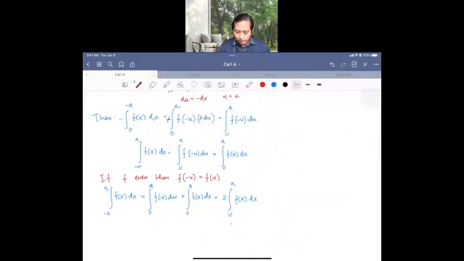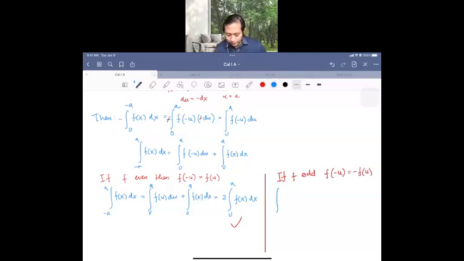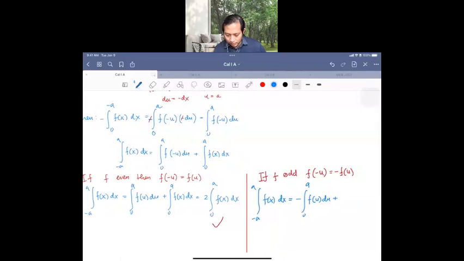Okay, so this is true. Now if f is odd, then f of negative u becomes negative f of u. Now we have this will be negative integral from 0 to a of f of u du plus the other integral, and this will result in 0.